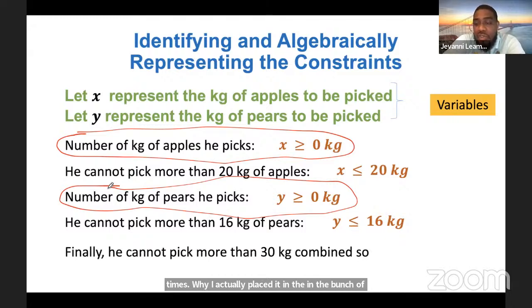All right, so it shows that you can't go below 0. In other words, it's a negative. You don't have negative kilograms of apples. You don't have a negative number of pears, right?